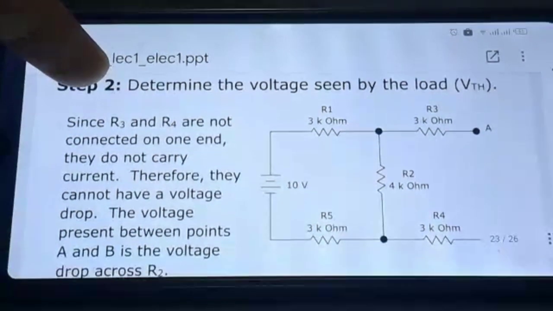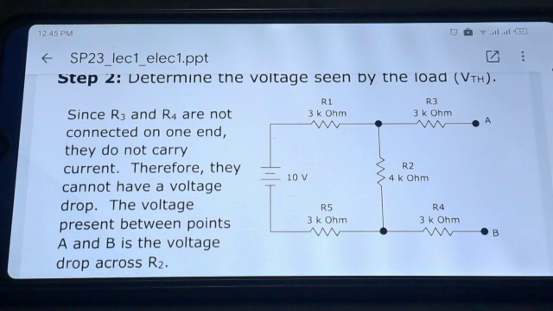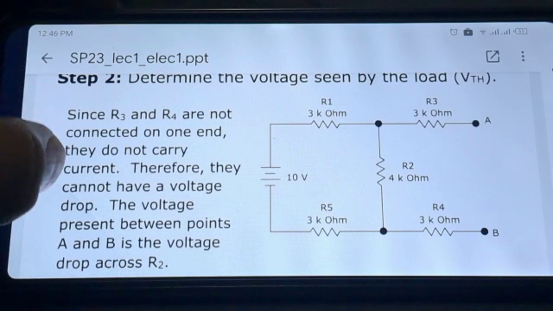Since R3 and R4 are not connected at the end, they do not carry current. Therefore, they cannot have a voltage drop. The voltage present between points A and B is the drop across R2, as we can see in this circuit.